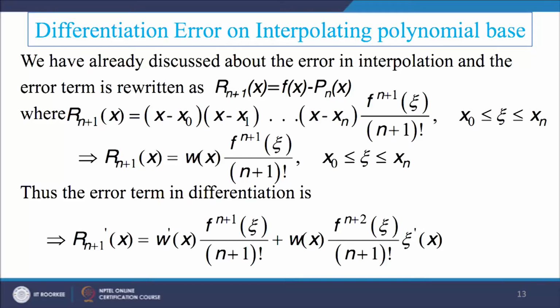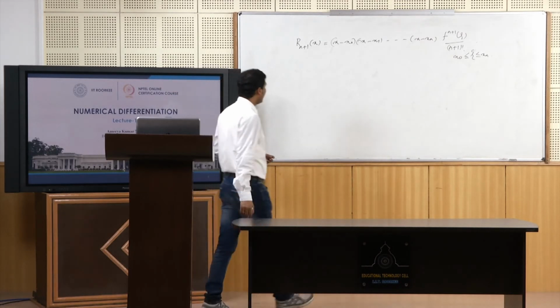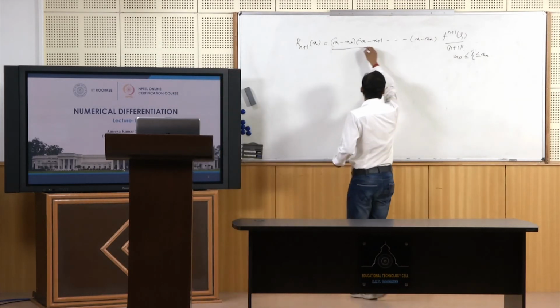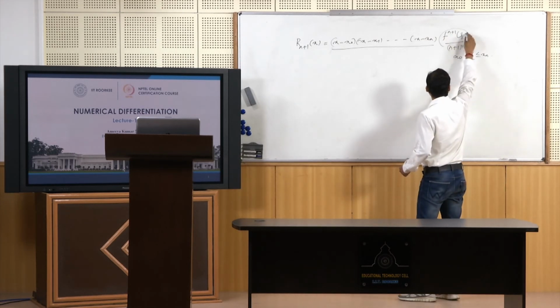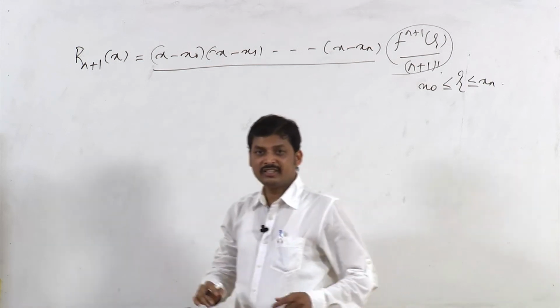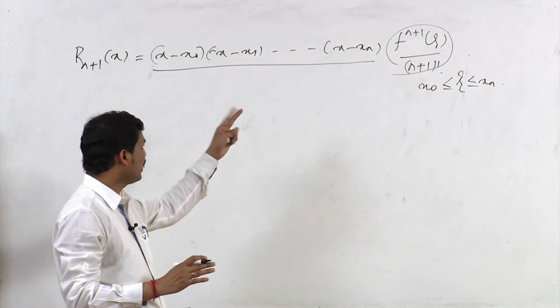And if we go for the differentiation of this error term here, then we can differentiate this product separately, and we also have to take the differentiation of zeta. Since zeta is a function of x here, we treat this as a two variable product form.